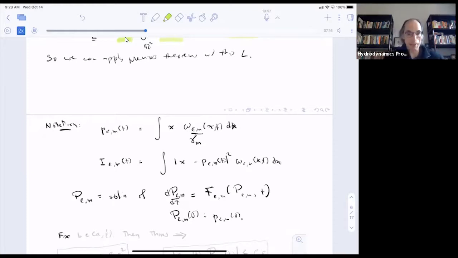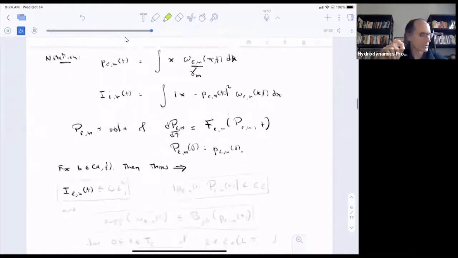I define capital P epsilon m to be the trajectory given by that flow, and I take it at time 0 to be the center of vorticity of the mth blob. Then I want to apply the previous theorems with a number b. Those are valid for any power of epsilon less than epsilon to the 1/2, and so I fix it.